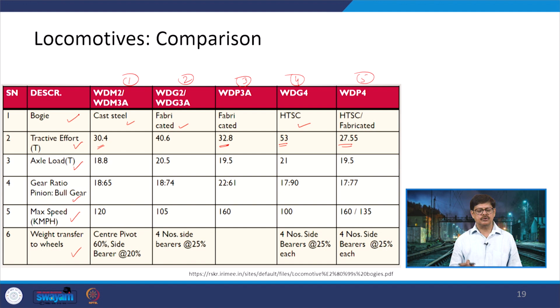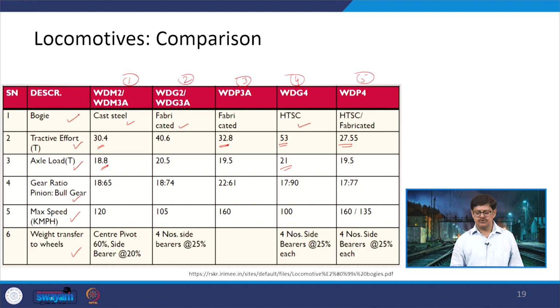The axle load which comes on a particular axle changes from 18.8 tons to 21 tons. It can be a bit more also; it again depends on what type of locomotive we are talking about. So, that is the variation you will find.